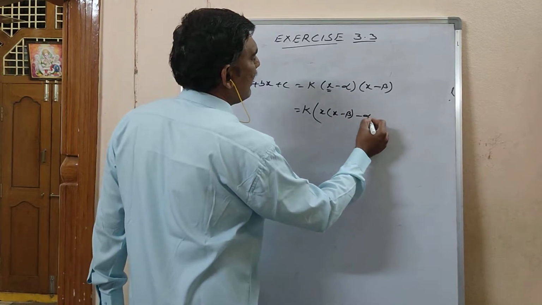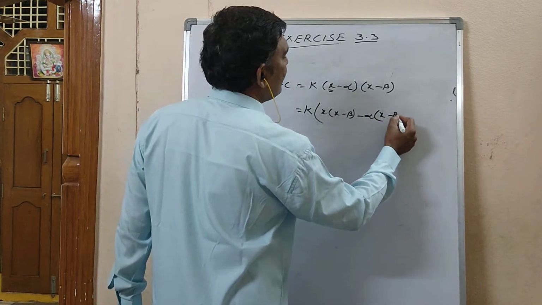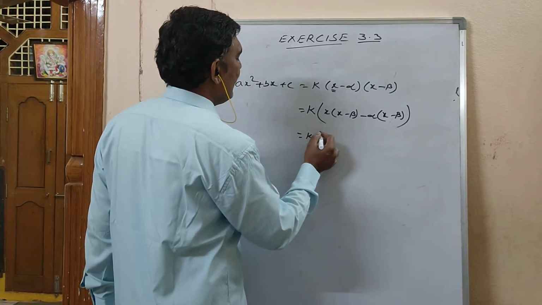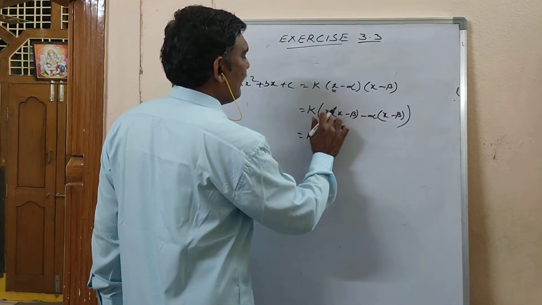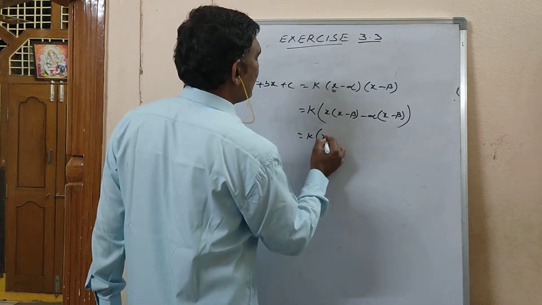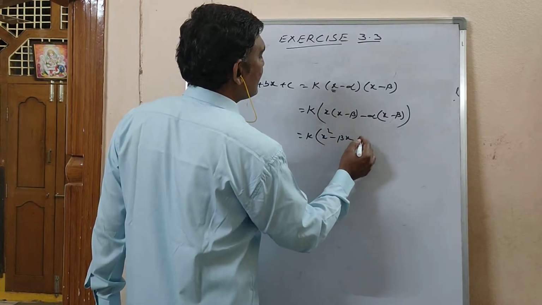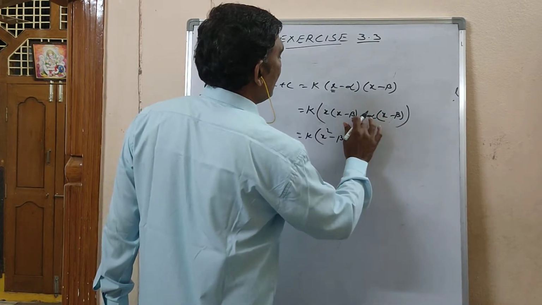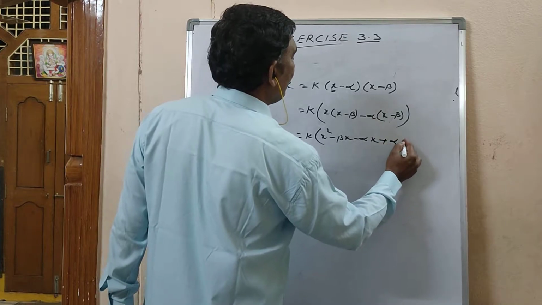Second term minus alpha into the bracket x minus beta. Now this k as it is I am writing. With this x I am multiplying these two. X into x, x square, minus beta x. Minus alpha into x is minus alpha x, minus into minus, plus alpha beta.